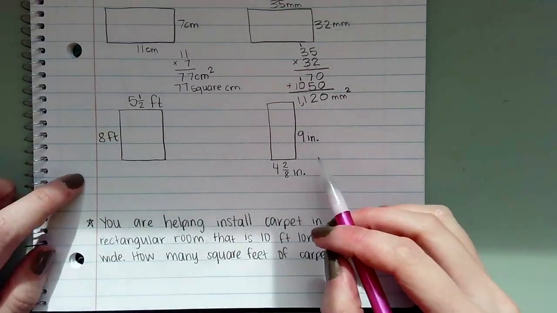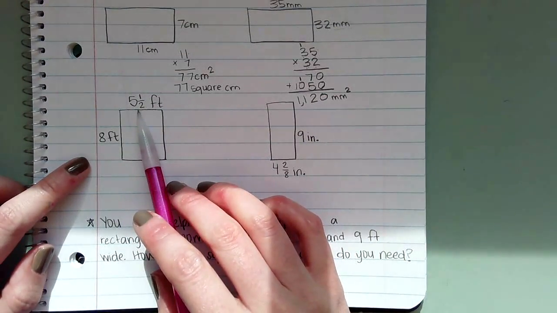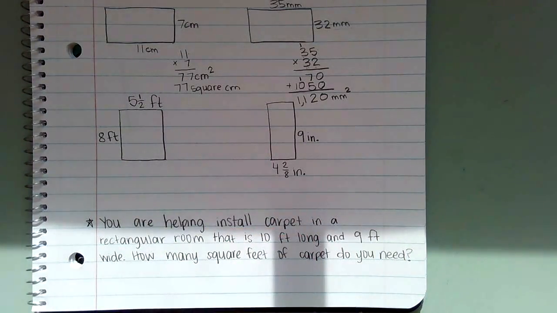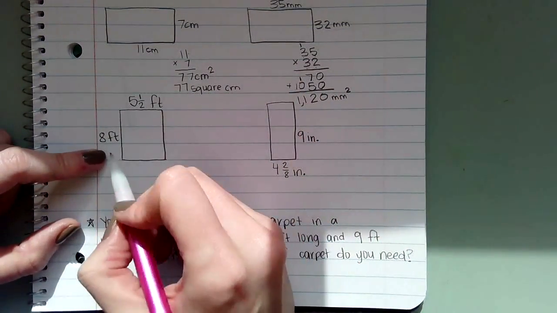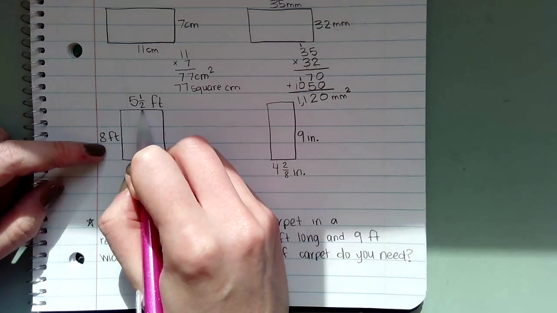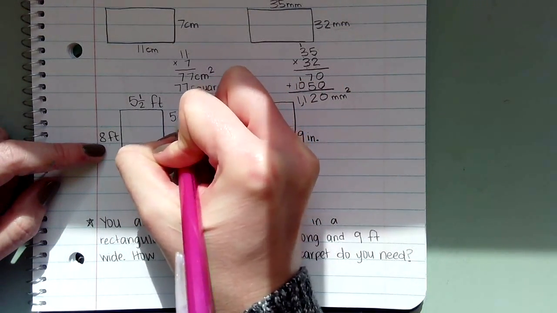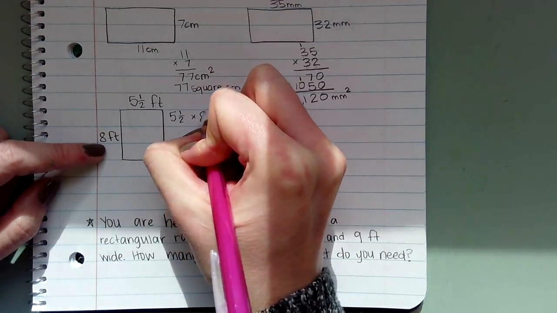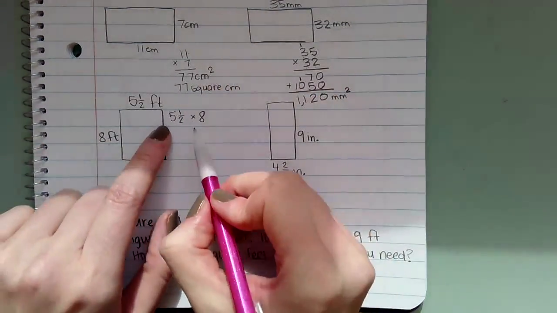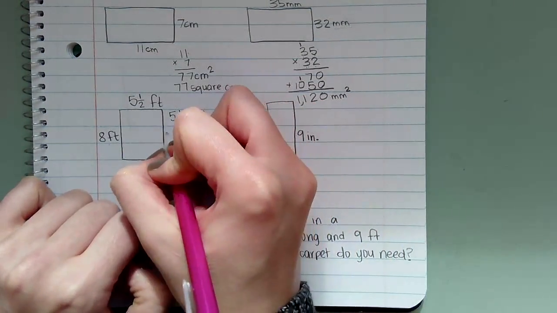Okay, these next two are whole or mixed numbers, so there's an extra couple of steps that we have to do. We have a length of 8 feet and a width of 5.5 feet. I'm going to go ahead and write my equation horizontally this time. So what we can do is multiply our whole numbers. 5 times 8 is 40.